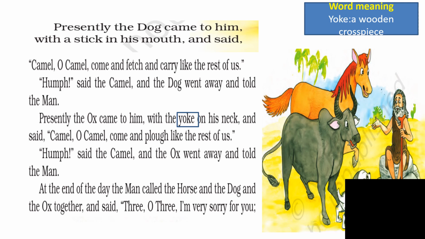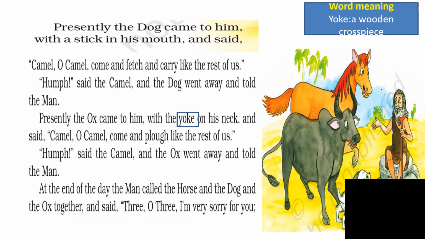At the end of the day, the man called the horse and the dog and the ox together and said, Three, oh three, I am very sorry for you. Three means the three animals, the horse, the ox, and the dog.